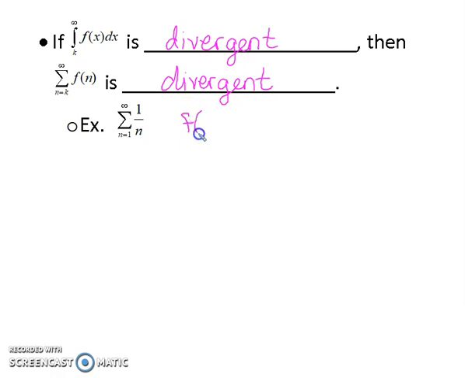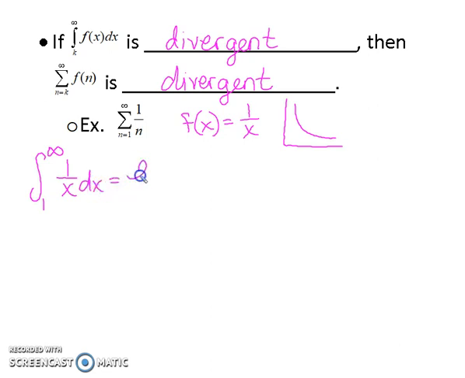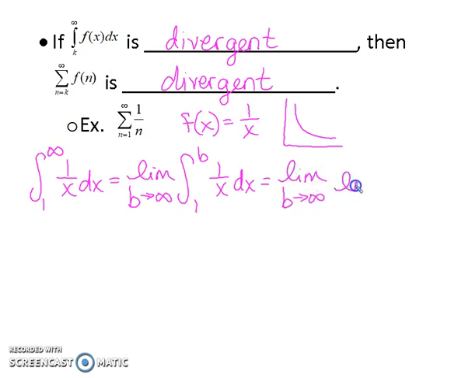Our function here would be 1 over x, which the graph of it also looks like this for x greater than or equal to 1, which is positive, continuous, and decreasing. Therefore, the integral test could be applied to it. So the integral from 1 to infinity of 1 over x dx, I would have to do an improper integral for it. Now, 1 over x integrates back to natural log.